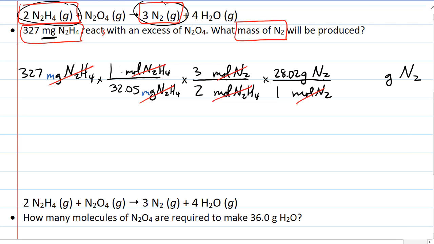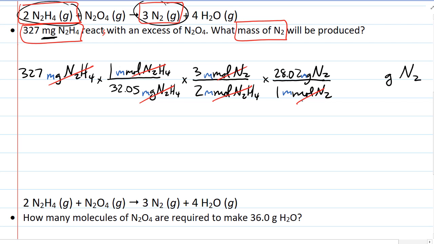This would be milligrams per millimole. This is millimoles per millimole. And this then would be grams per millimole.